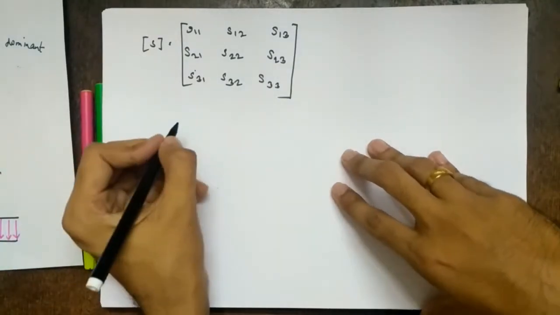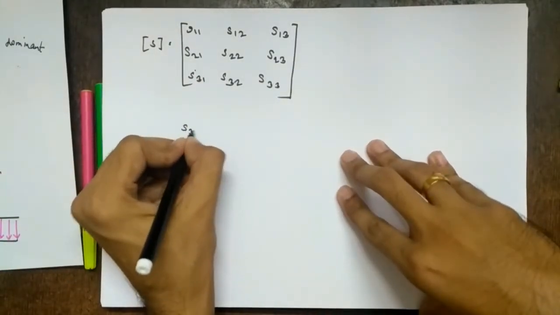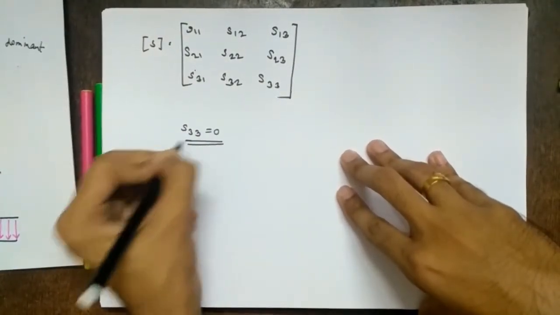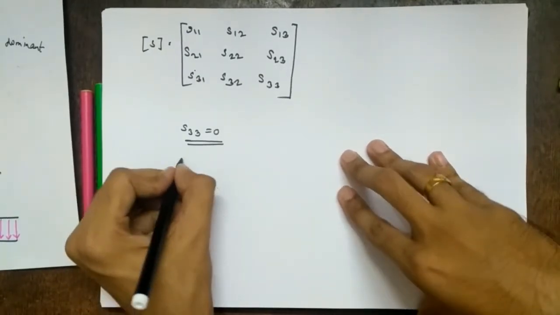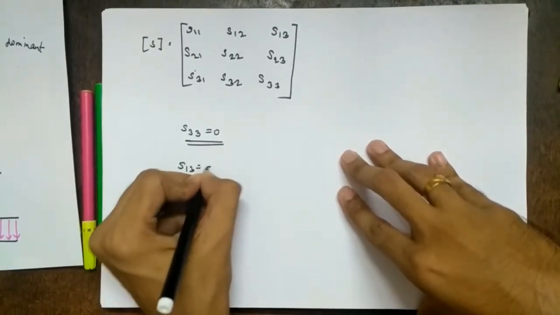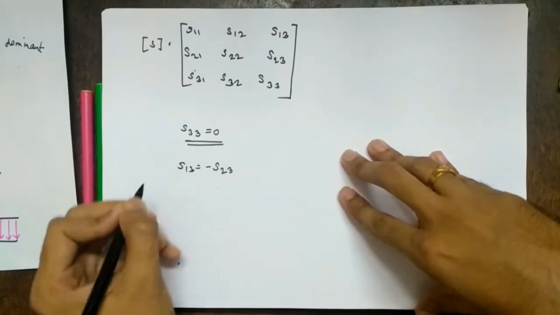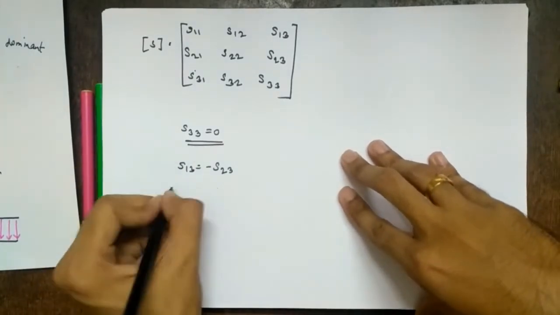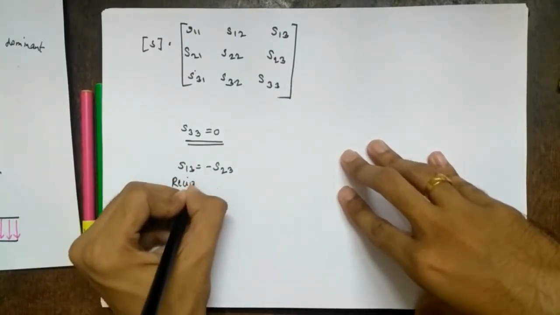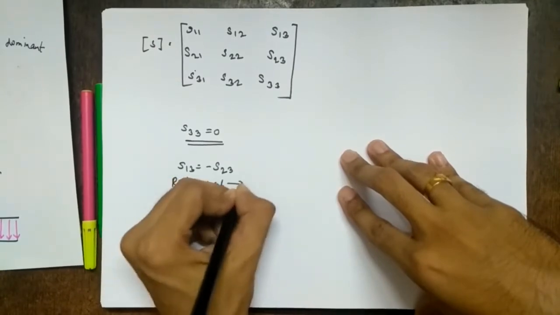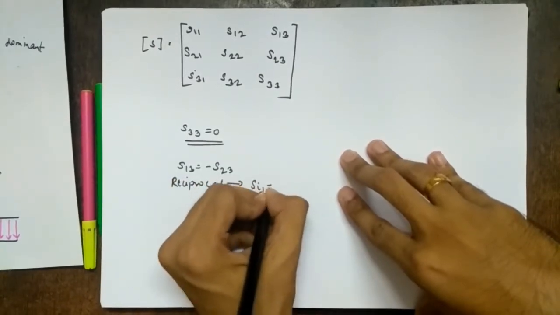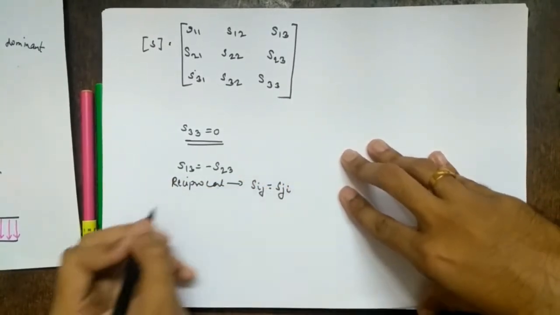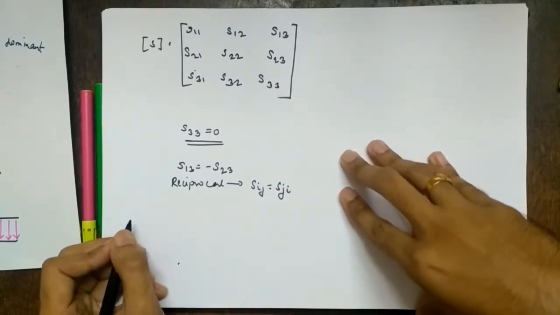So if it is matched at port 3, then we can say S33 equal to 0, and we already know S13 equal to minus S23. So these things we know, and we know it is reciprocal. So what does it imply? Sij equal to Sji. Okay, so these things we know.